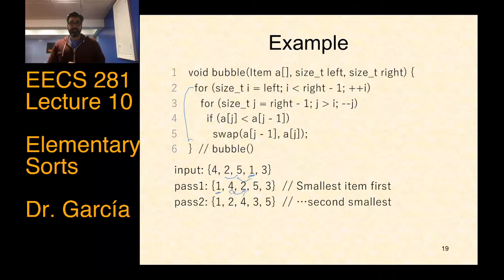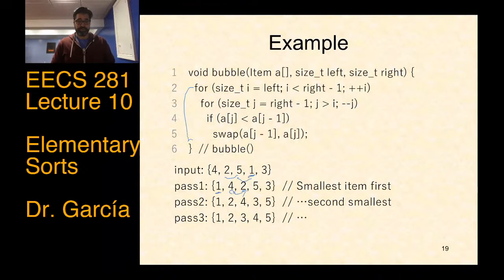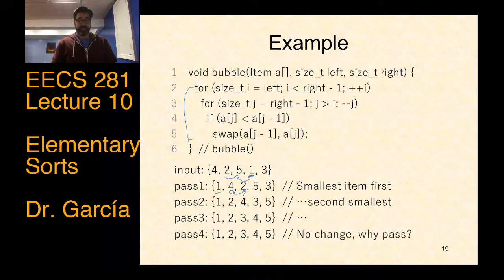Then do the same thing for pass 3. But in fact, if you look at it, even though it's already sorted, we need another pass to determine that there's no additional swaps that are going to be needed, right?